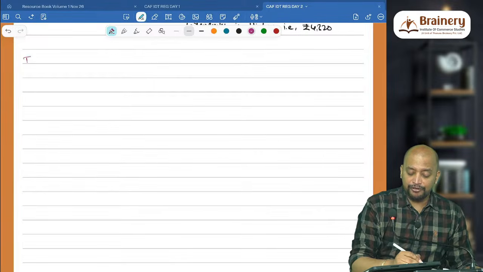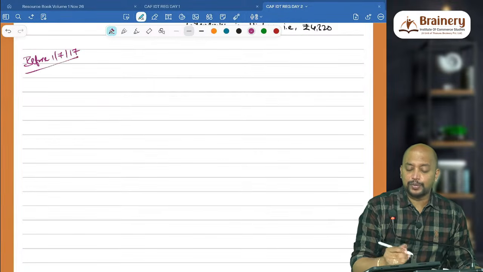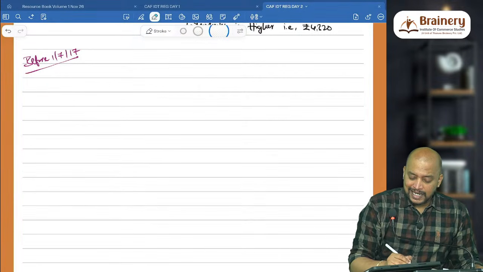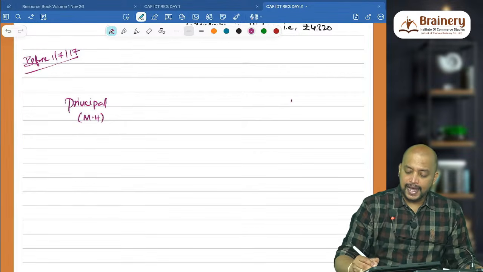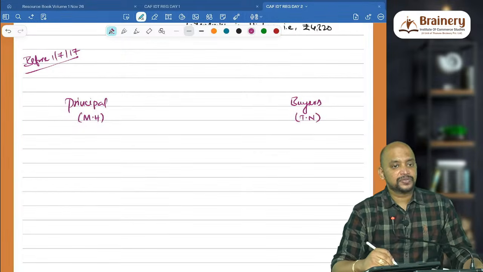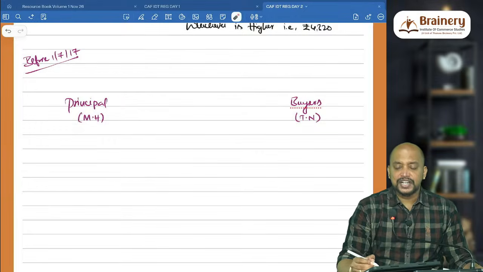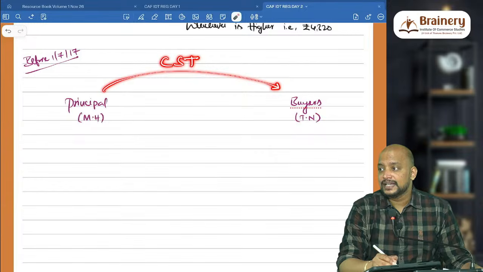Earlier, that is before 1/7/2017, I am talking about before 1/7/2017. When there is a principal, okay, who is located in say Maharashtra and the buyers are located in Tamil Nadu, when the sale takes place from the principal to the buyer, it will be subject to CST, Central Sales Tax.